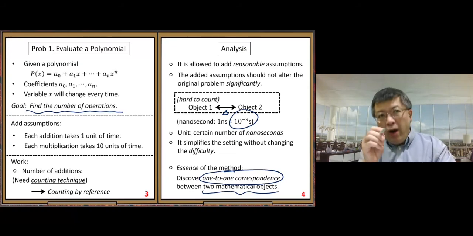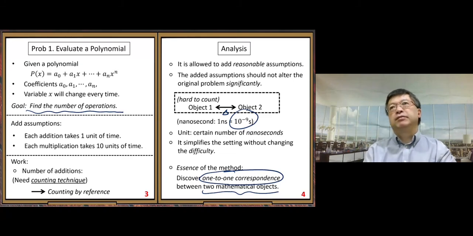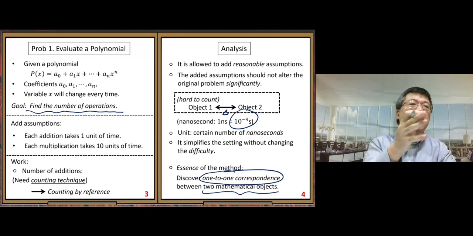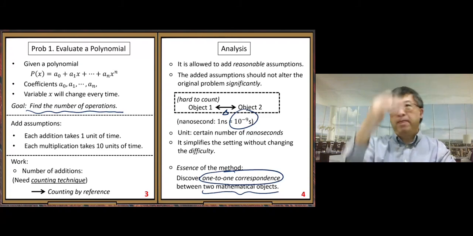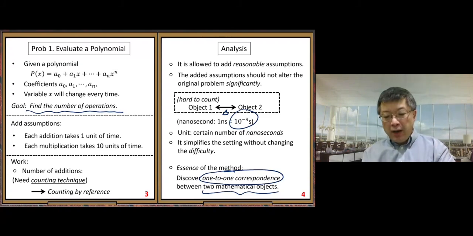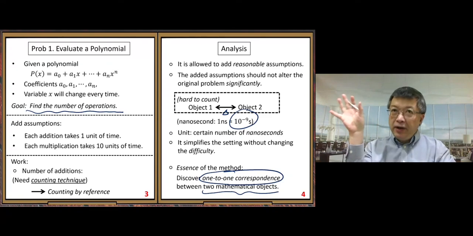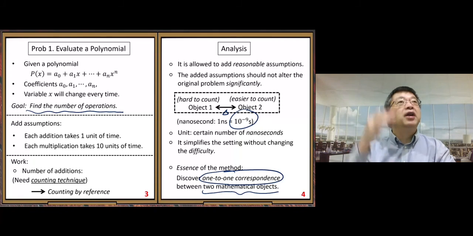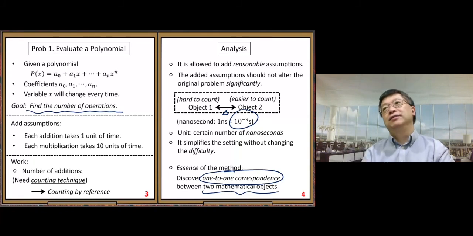Because object 1 is usually hard to count directly, the reason is it is hard to keep track of object 1. But after we connect it to object 2, object 2 has the property that it is easier to count.